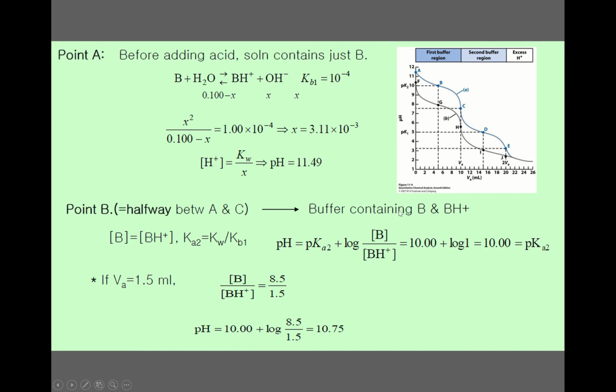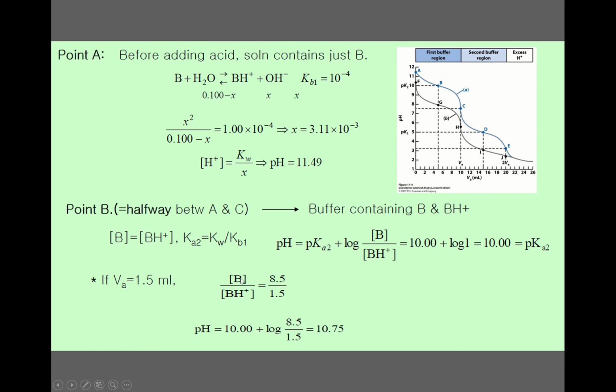Let's now calculate the pH when 1.5 ml of HCl is added. The easy way is to find 1.5 ml here, and this equivalence point is 10 ml. Since we added 1.5 ml, the remaining 8.5 ml corresponds to B, and the added 1.5 corresponds to BH+.